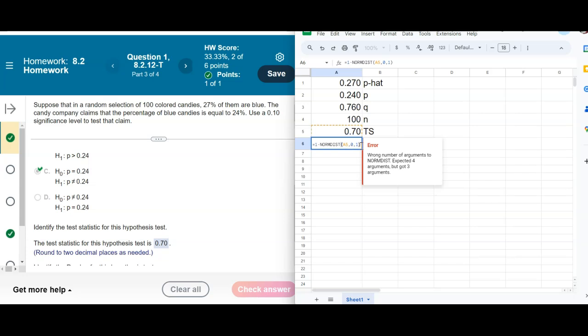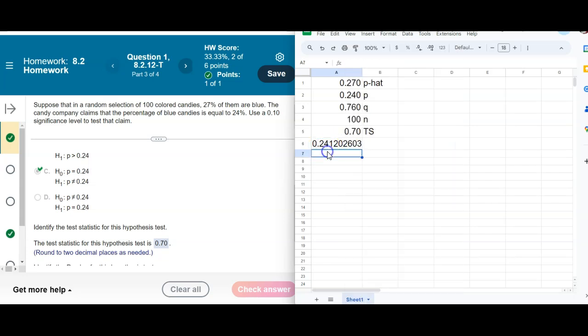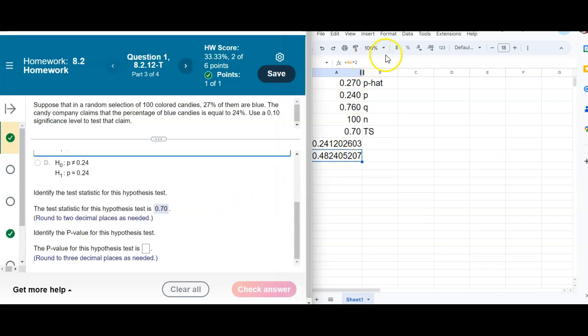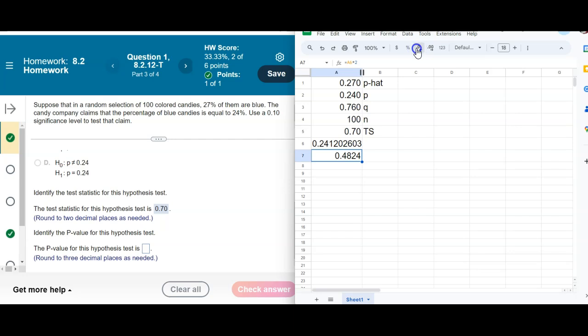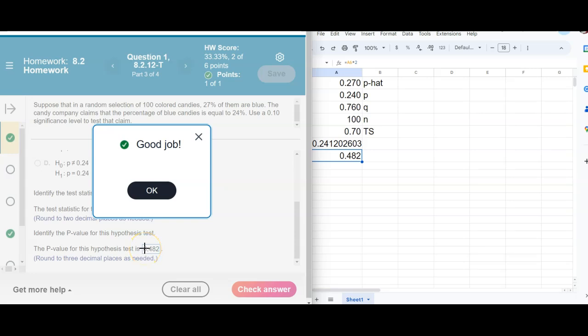I always forget my cumulative. Comma 1. There's the area in the right tail. Now I need to double that. So down below it, I'm just going to write equals, click that, times 2. So there's my p-value. It wants 3 decimal places, so I'm just going to click back until I get to 3 places. So 0.482.